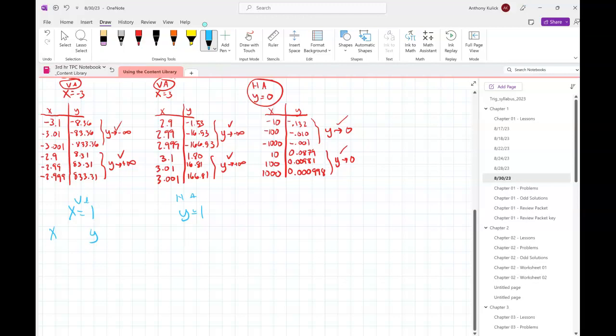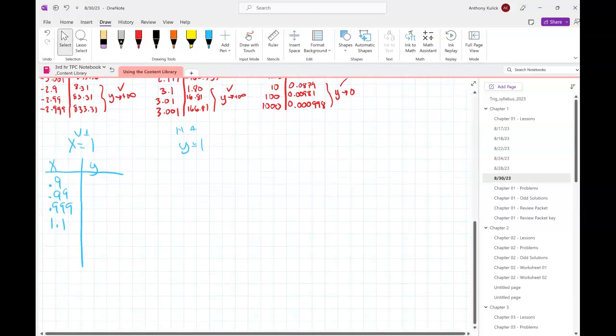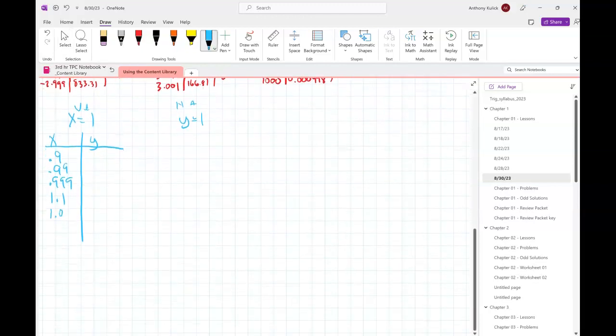So set up the same kind of table. My x's I'm going to start left of 1, so maybe 0.9, and then get progressively closer to 1, so 0.99 and 0.999. And we'll just look at after 1, so 1.1, but getting progressively closer, so 1.01 and 1.001.